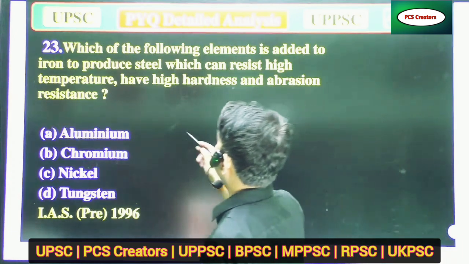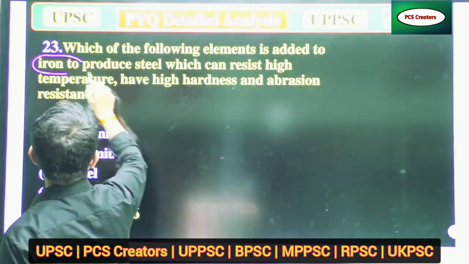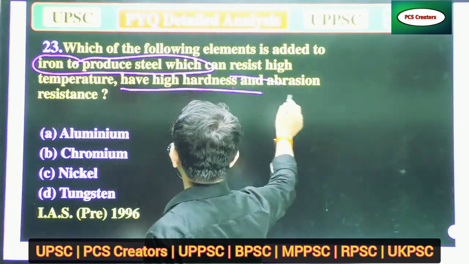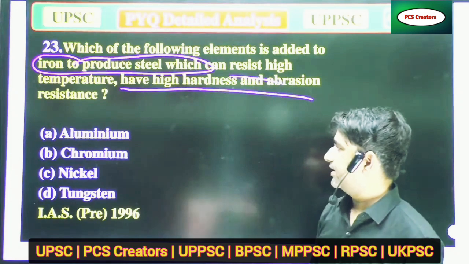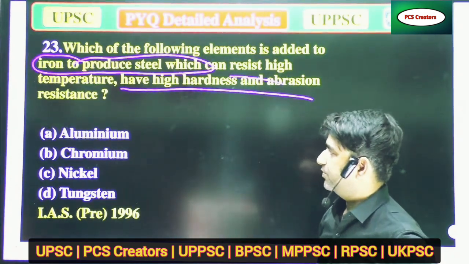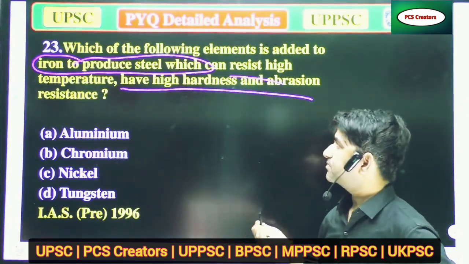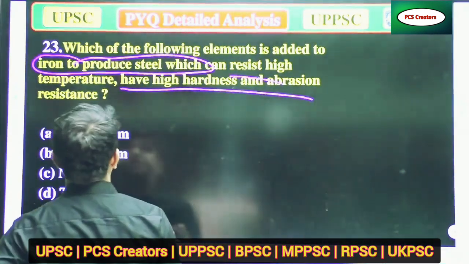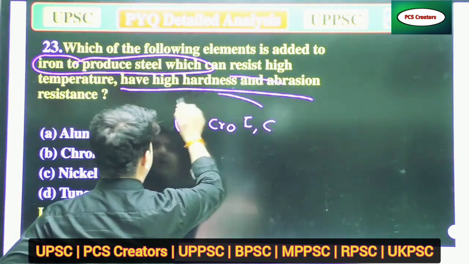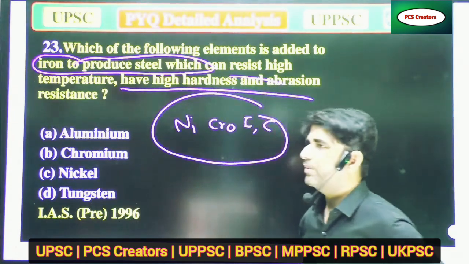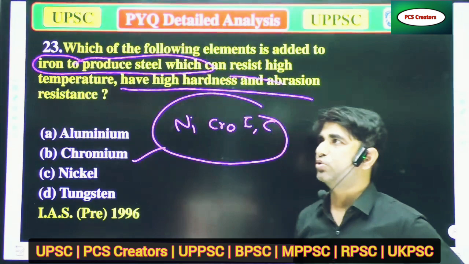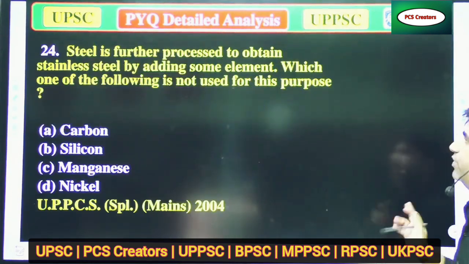The options are A, aluminum; B, chromium; and D, tungsten. In stainless steel, nickel, chromium, iron, and carbon are mixed. Chromium is added to decrease corrosion. So option B will be the correct answer. Now we'll move to the next question.